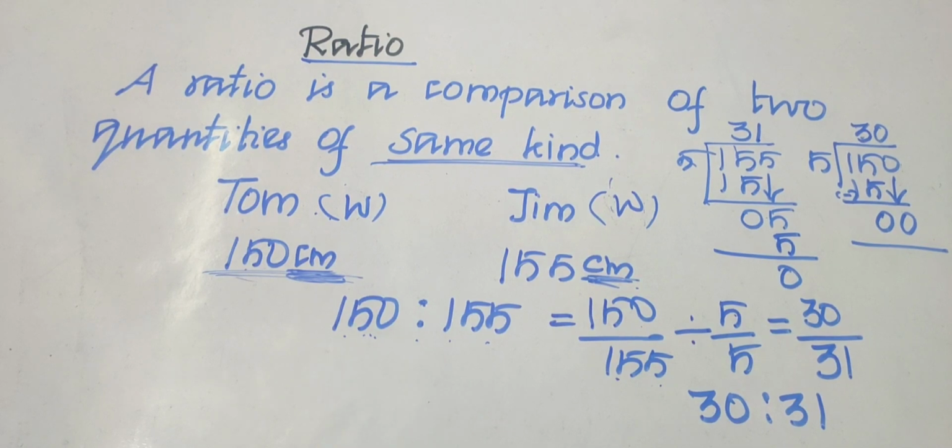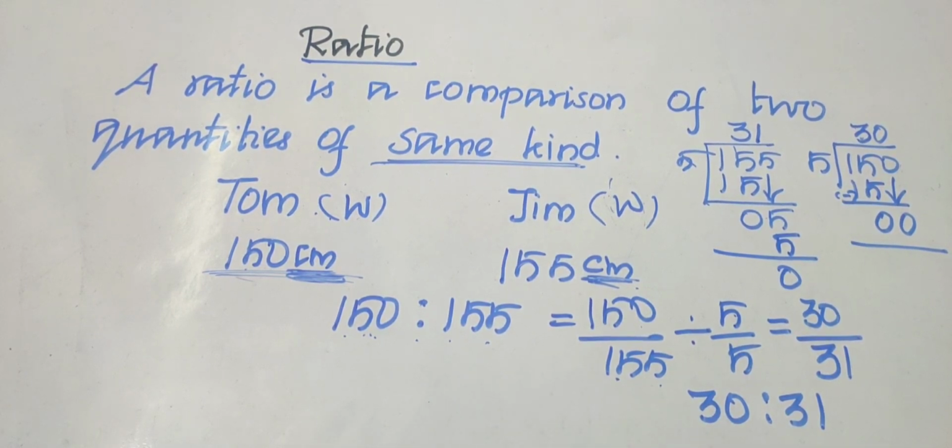This is called ratio, and we can write this ratio as a fraction. We also need to bring down the ratio to its simplest form. So 30 is to 31 is the simplest form, right?